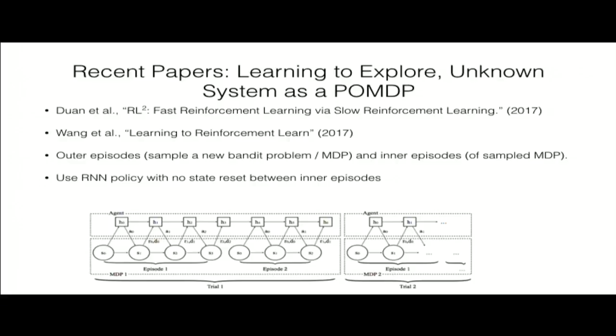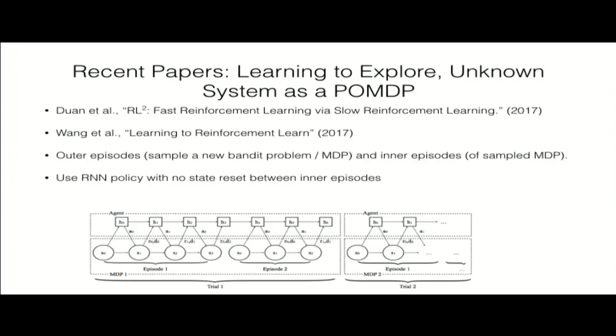So the optimal policy for the outer POMDP is to first explore in the first episode and try to gain as much information as possible, and then exploit it in the later episodes. By sampling your inner MDP from some distribution, you can actually learn the policy that behaves optimally.